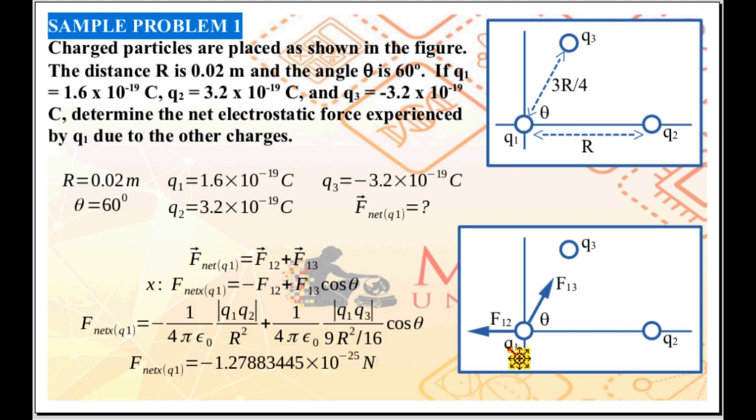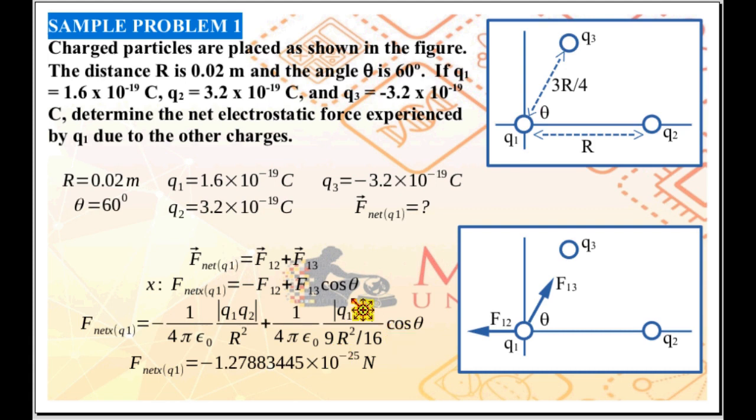Note that distance between Q1 and Q2 is r, so r squared, and distance between Q1 and Q3 is 3r over 4, so square of this, you have 9r squared over 16.